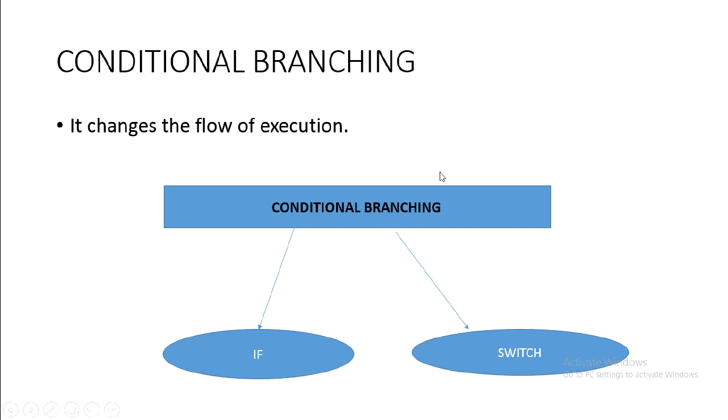Till now we have learned that we initialize variables like a equal to 3 and then do some operations, maybe arithmetic or any other operation. But now we'll be learning how to handle multiple conditions, and which line of code has to be executed, and how we can write that in C++. In that case we'll be using if and switch. We'll be learning about both of them.